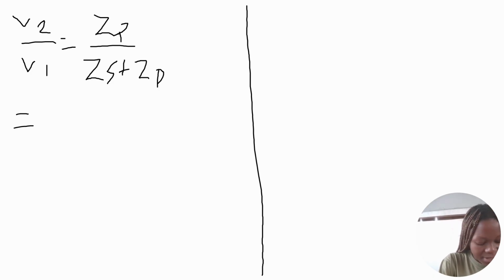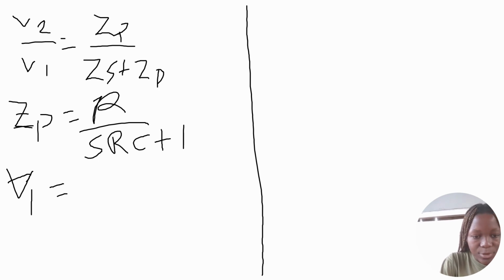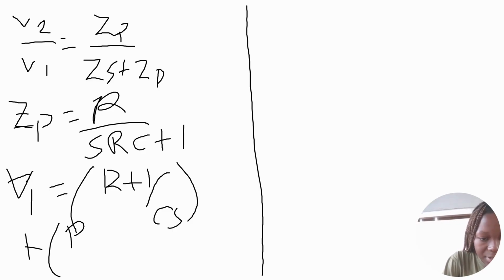From our earlier term, we realize ZP is equal to R over SRC plus 1. Then our total will be equal to our ZS, that is R plus 1 over SC, plus our value for the ZP, that is R over SRC plus 1.